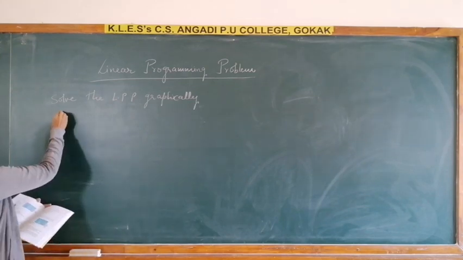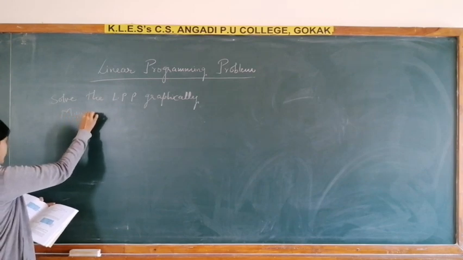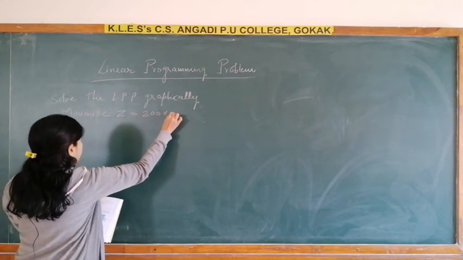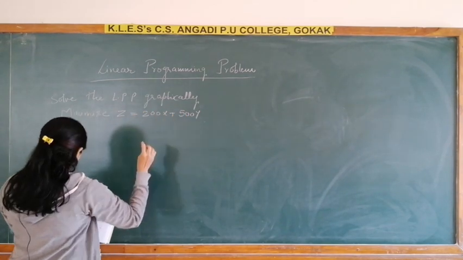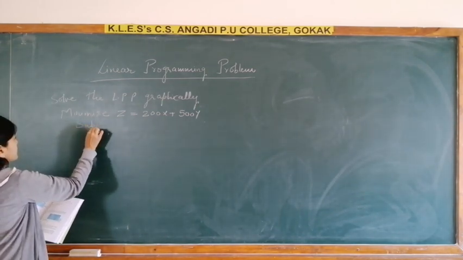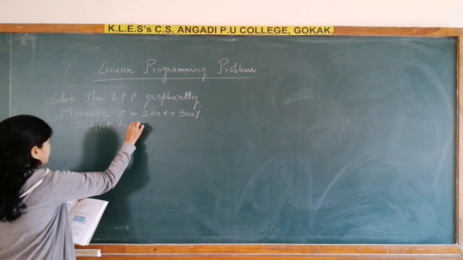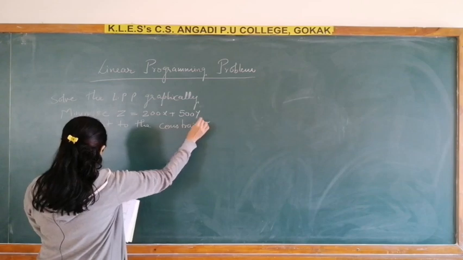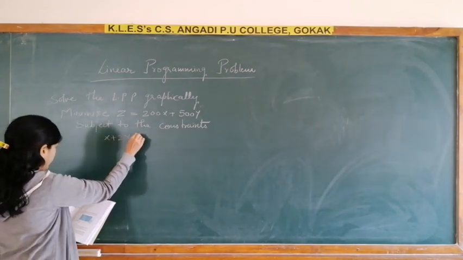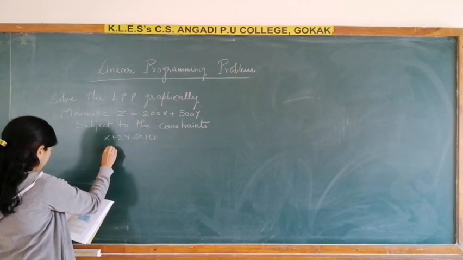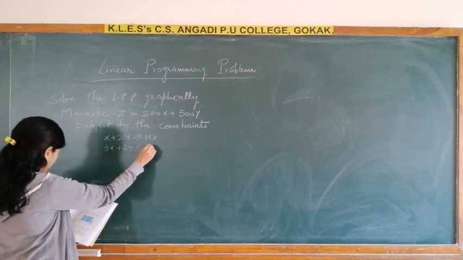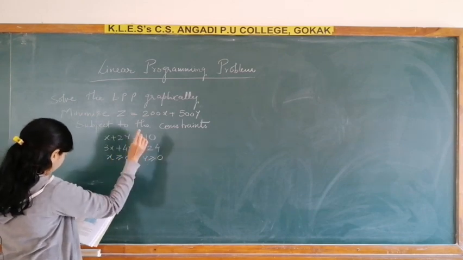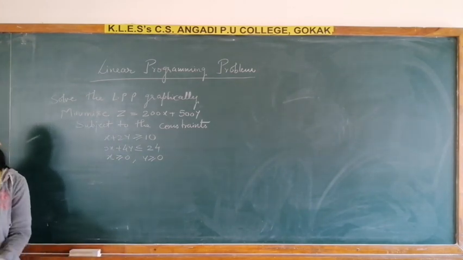Now the question is: minimize z is equal to 200x plus 500y subject to the constraints x plus 2y greater than or equal to 10, 3x plus 4y less than or equal to 24, x is greater than or equal to 0, y is greater than or equal to 0. Now this is the question.